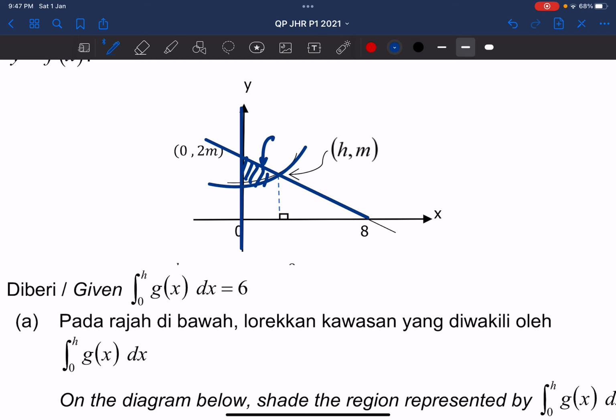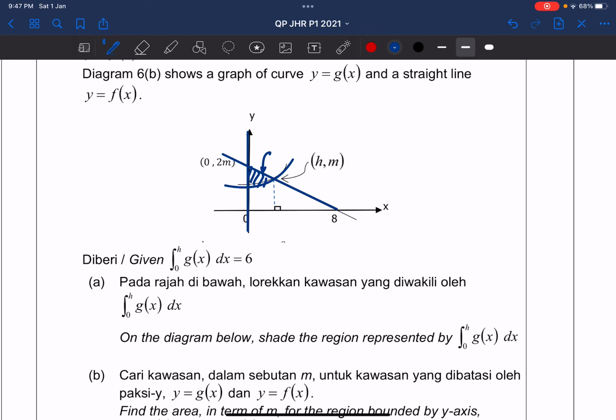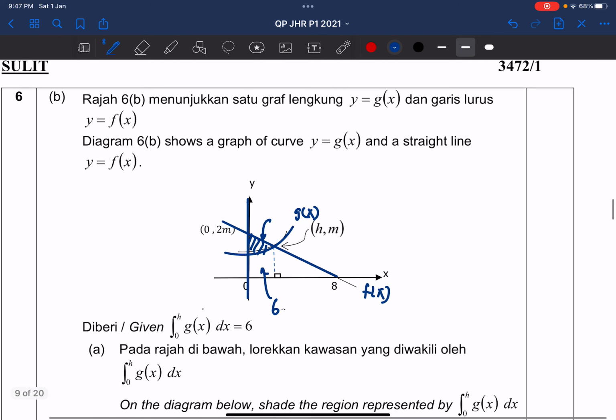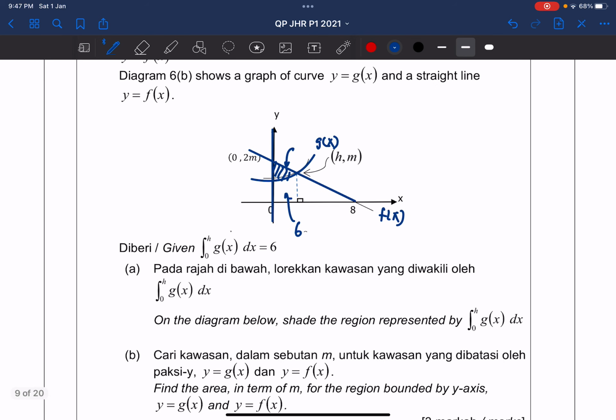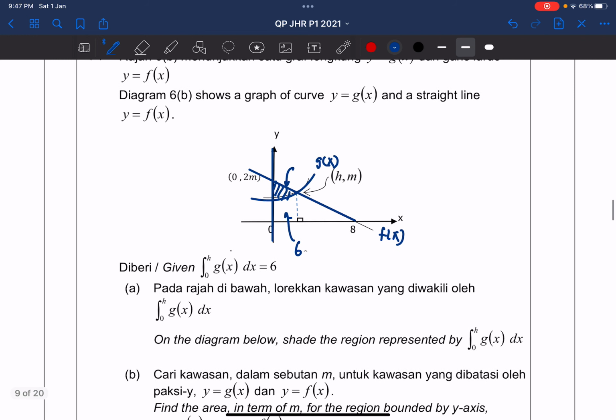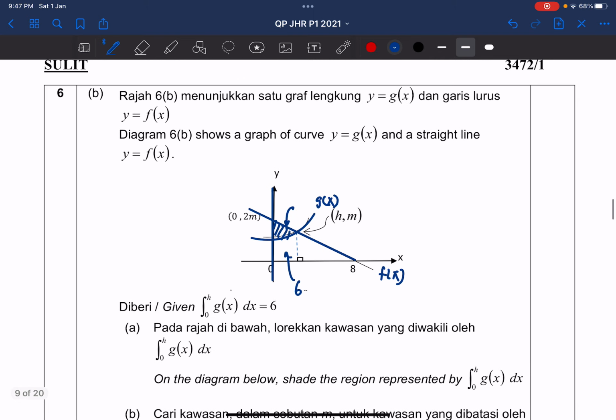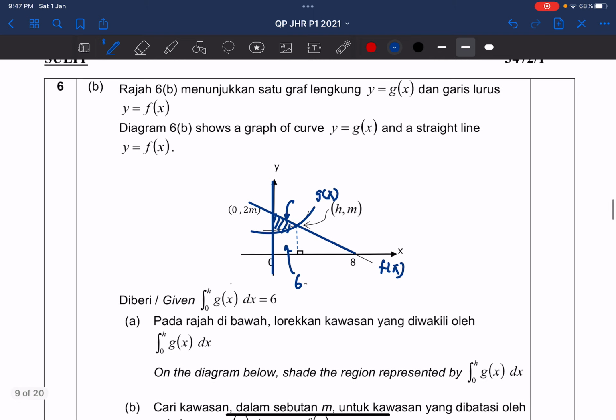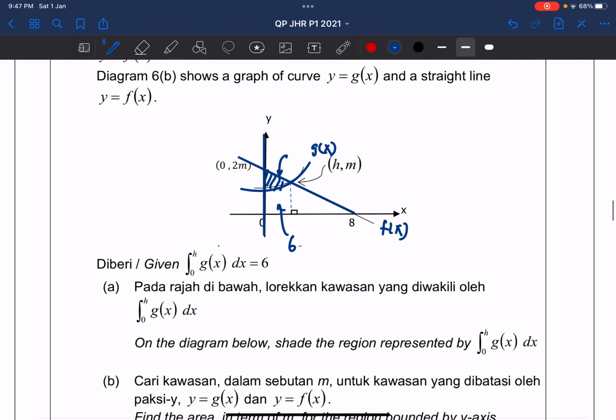They want us first to find this area. So this area would be the total area minus out the 6, which is the area under the g(x) graph. This will be g(x) and this will be f(x). So the area under the f(x) graph minus the area under the g(x) graph. Since they did not give you the equation for the straight line, you can't do integrations, but you will notice that it's actually a trapezium.